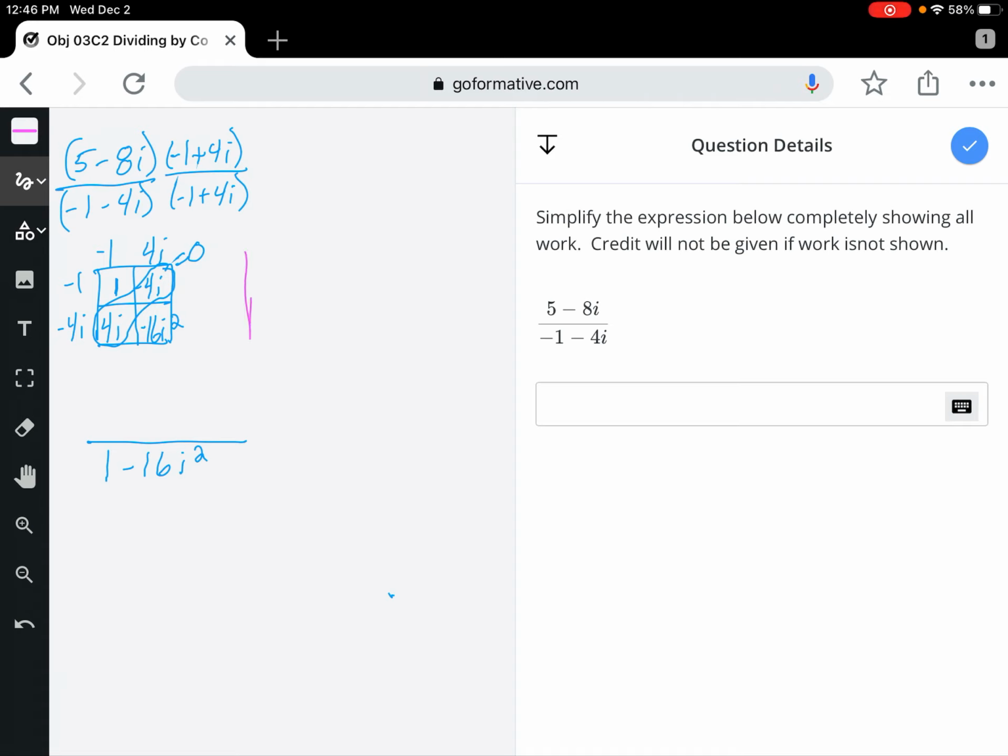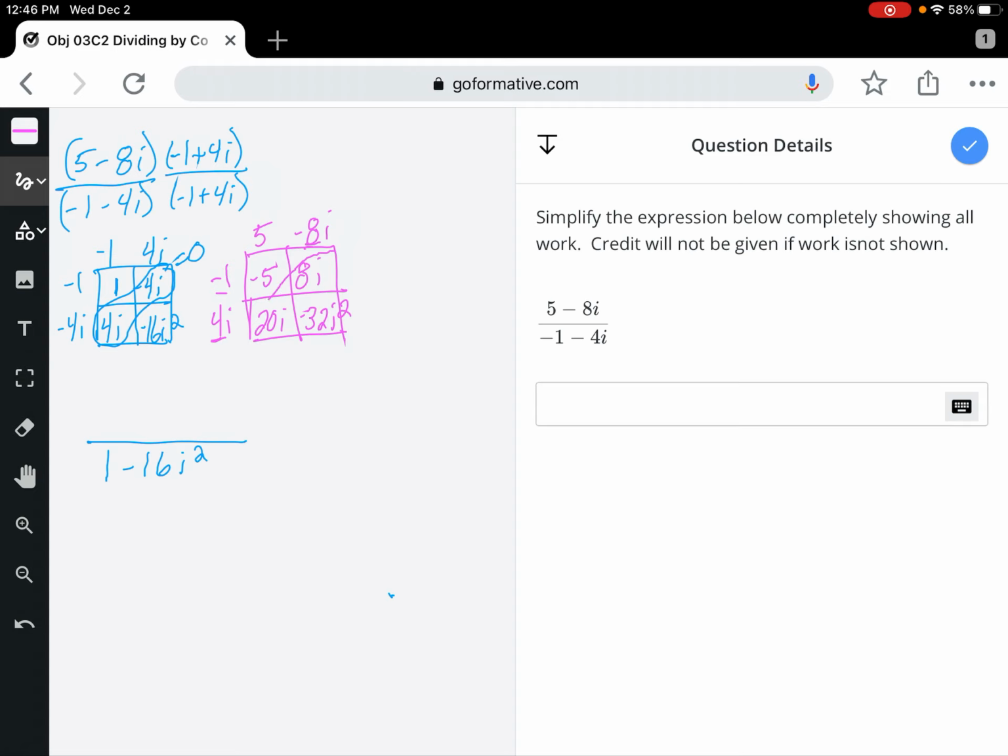Okay. For the one here, it's going to be negative 1, 4i, and 5 minus 8i. It's going to be negative 5, negative 1 times 8, a positive 8i. 5 times 4 is 20. 4 times 8 is negative 32.